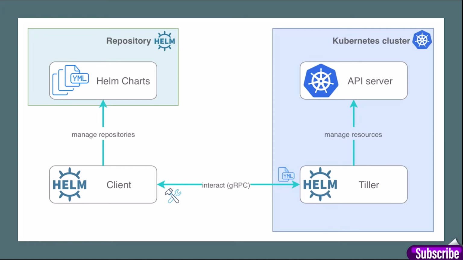Now the Helm client manages the Helm charts, and Tiller is the server part of Helm. Till Helm version 2, Tiller was there, and in Helm 3 it is replaced. Tiller at the server side used to manage resources at the Kubernetes side.